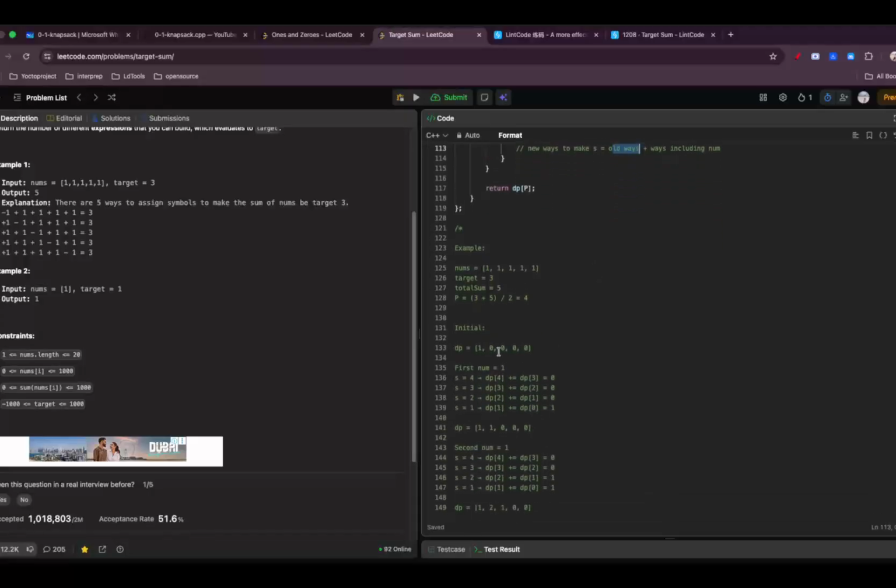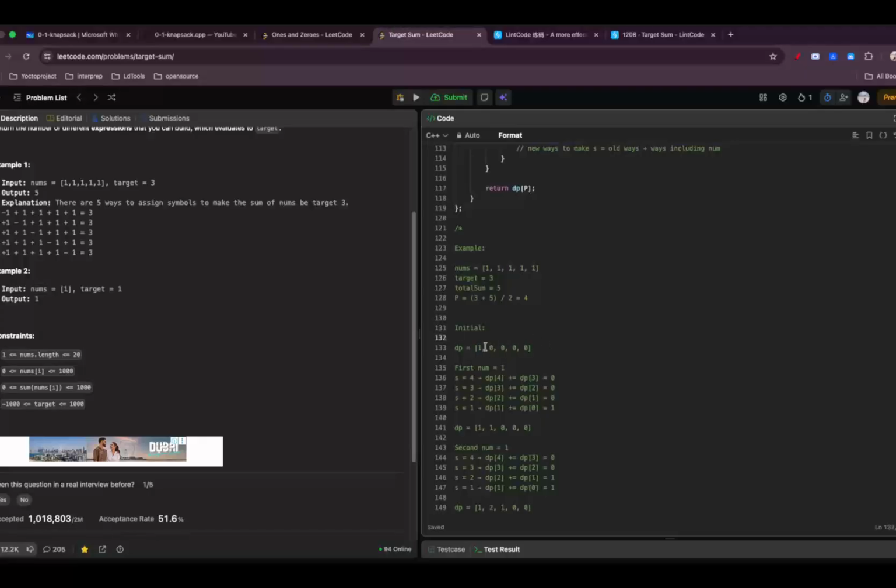That is, we are starting from dp of 4, assigning whatever was previously stored to the upcoming one, rather than going forward and assigning what is stored here to this one. Whatever is here, we assign to this one, so that everything gets added only once.